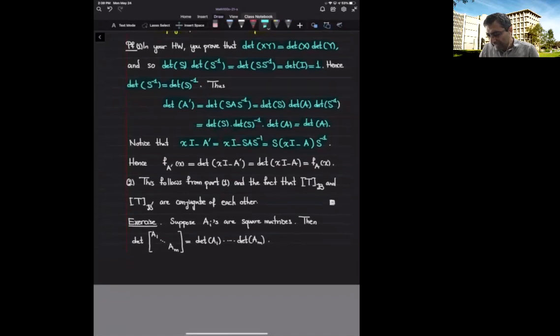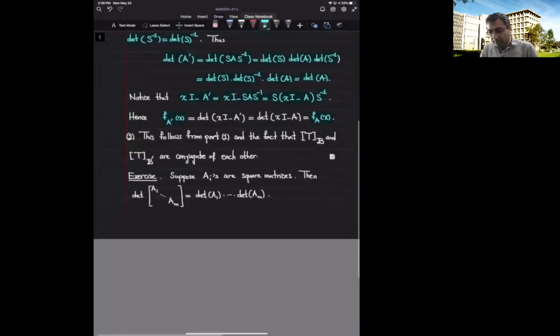Now that means that xI minus A prime itself is a conjugate of xI minus A in M_n(R[x]). Therefore, the determinant of this matrix is the same as the determinant of this one. The determinant of xI minus A prime is the characteristic polynomial of A prime, and the determinant of xI minus A is the characteristic polynomial of A. So we get that these two are the same as we wanted to show.